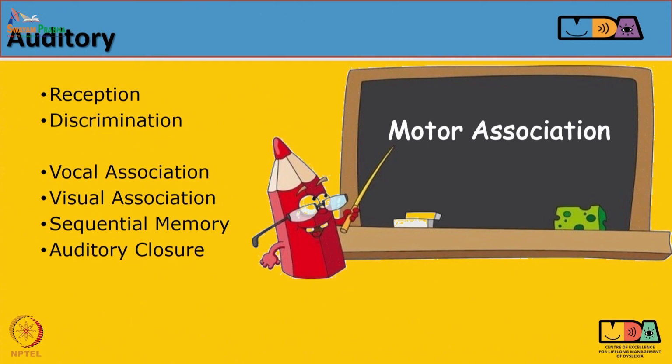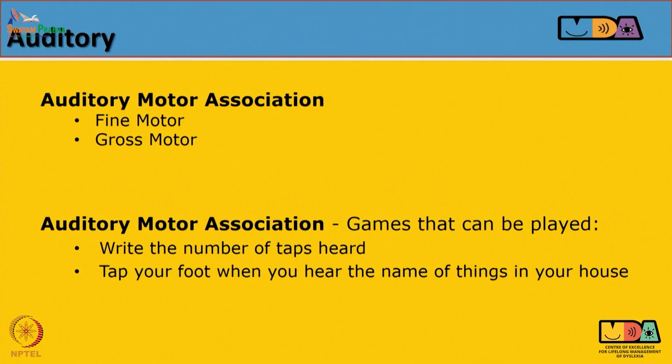Our next one is auditory motor association. Auditory motor association is the ability to relate concepts which have been presented auditorily and express them either by the gross motor, which is your bigger, larger muscles, or by your fine motor, which is your writing. Now, there are a number of games you can play to teach this child.